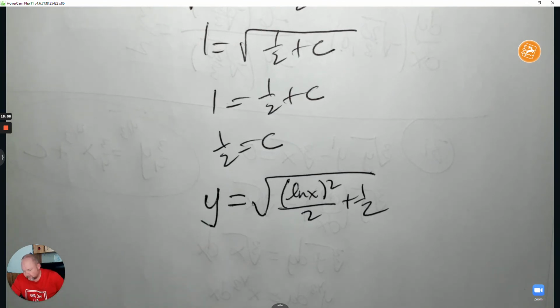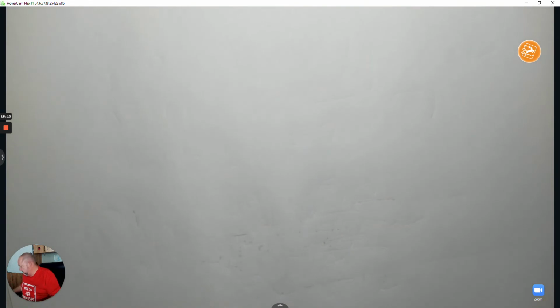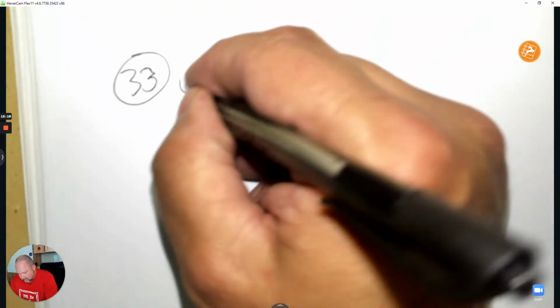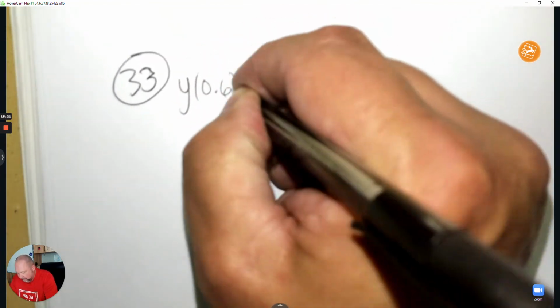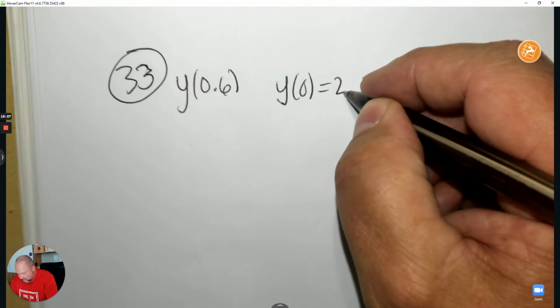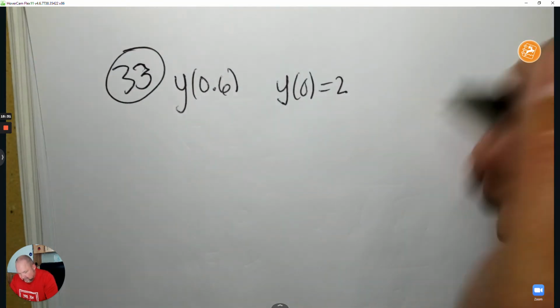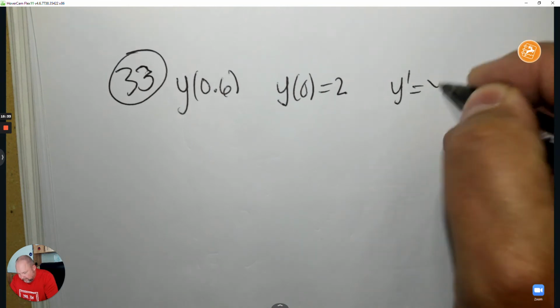Number 33. What we practice regularly, we're going to learn. So y at 0.6 is what my goal is. We start with y at 0 equals 2. And it says y prime is equal to x plus y.